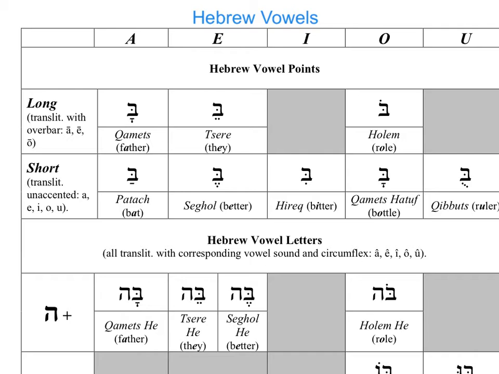If we move over to our I, here we have only one to remember. We don't have a long I sound. In this class of vowel, we have just the short I sound. It's called a hirik, and the hirik is represented by this one dot under the letter. All of the dots in the letter, remember, that has to do with our begadkefat letters. The dots within the letter are not vowels.